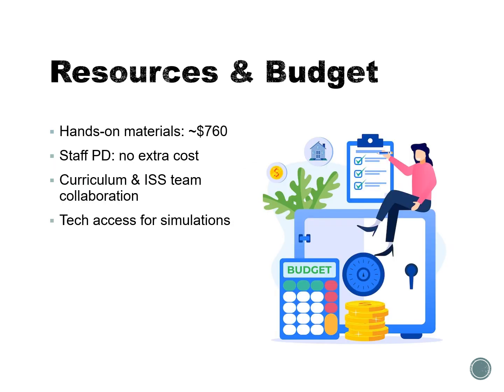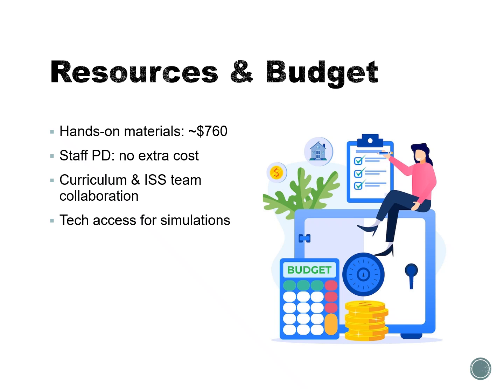So for the resources and budget, the $760 is an estimate from a site that I got, which is linked in my reference page. This is for the initial materials. This isn't for all of it, because you don't want to buy a lot of stuff and then end up not using it.